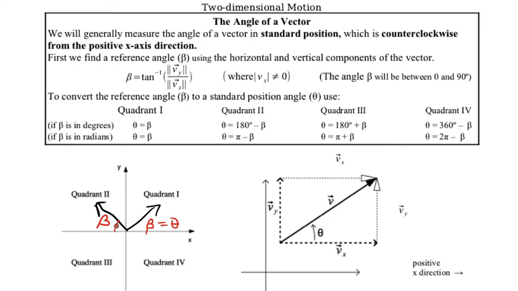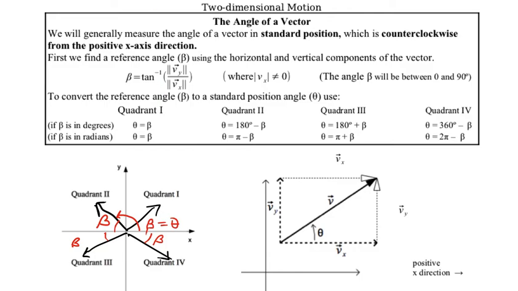So we have to do 180 minus beta to get the standard position angle, which would be measuring it all the way around from the positive x direction. If our vector points in the third quadrant, then we're going to do 180 plus beta. And if we're in the fourth quadrant, we'll do 360 minus beta. It should be clear from the diagram why that would work.